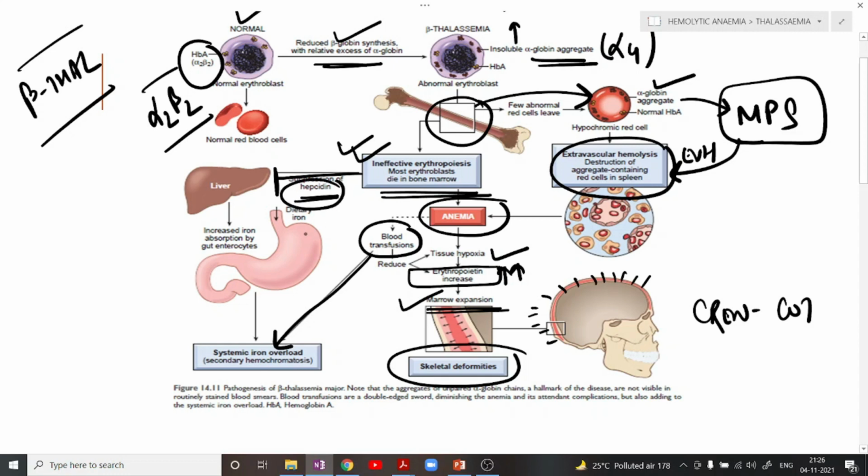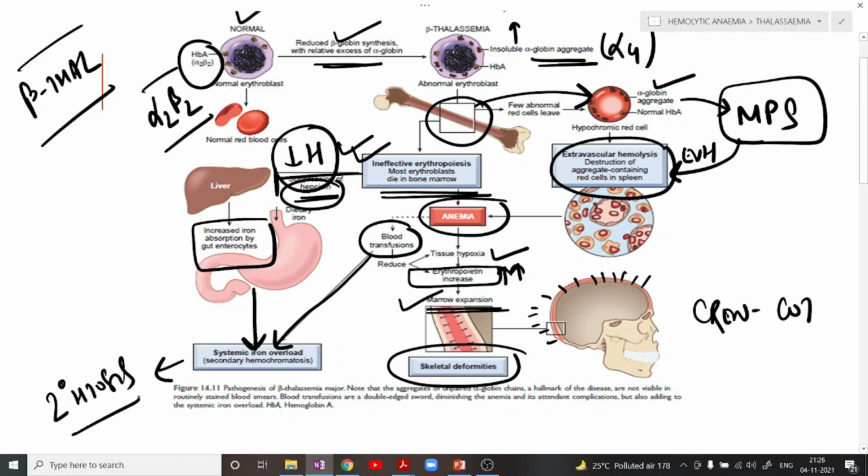If you remember, hepcidin is a negative regulator of iron absorption. So if there is a decreased amount of hepcidin, there will be increased iron absorption by the gut enterocytes, ultimately leading to systemic iron overload, leading to secondary hemochromatosis. And it will lead to hemosiderosis. So this is basically the pathogenesis of beta thalassemia.